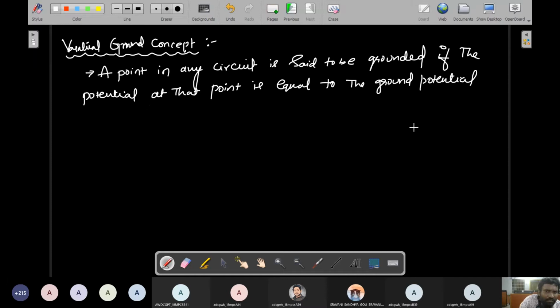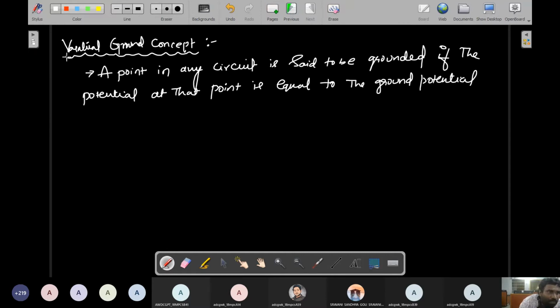If you connect any terminal to ground, then definitely the potential at that point is equal to ground potential. But the virtual ground concept is only valid for an ideal operational amplifier. It is not valid in practical operational amplifiers.